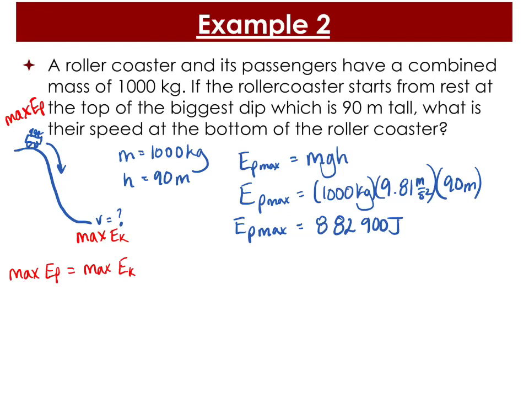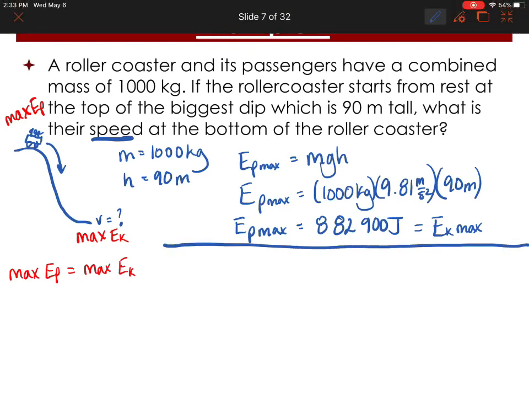So I need to find their speed at the bottom. So what's the next thing I have to do? Well, remember, this is our maximum potential energy. So what else is it equal to? Our maximum kinetic energy. Okay, so there we go. So we can do a whole other part of this now, where I'm using this 882,900 joules as my maximum kinetic energy.